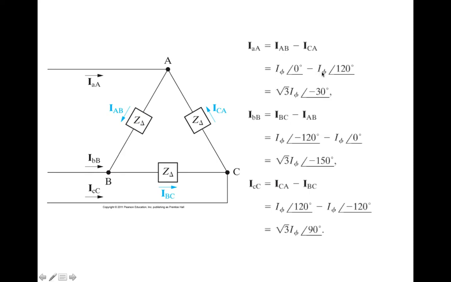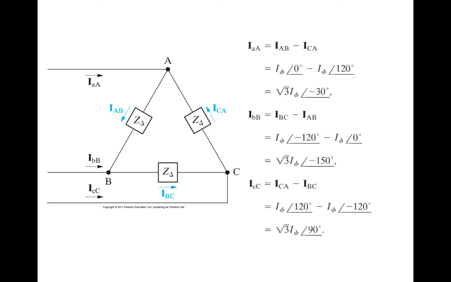In the second phase we'd have I phi angle minus 120, so we can make that substitution and solve for the current in the line as a function of the current in each part of the load. So in the delta connected load, the line current is equal to the current through each phase of the load times the square root of 3 with a negative 30 degree phase.